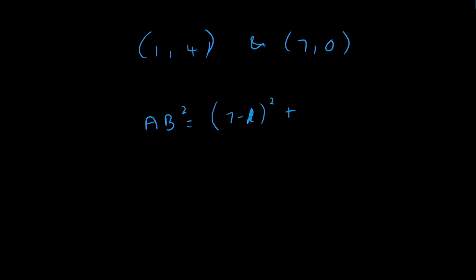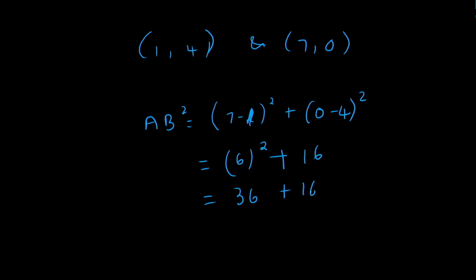That should be 7 minus 1, which gives me 6 squared, plus 0 minus 4, which is just 4 squared. 4 squared is 16. So this will be 36 plus 16.